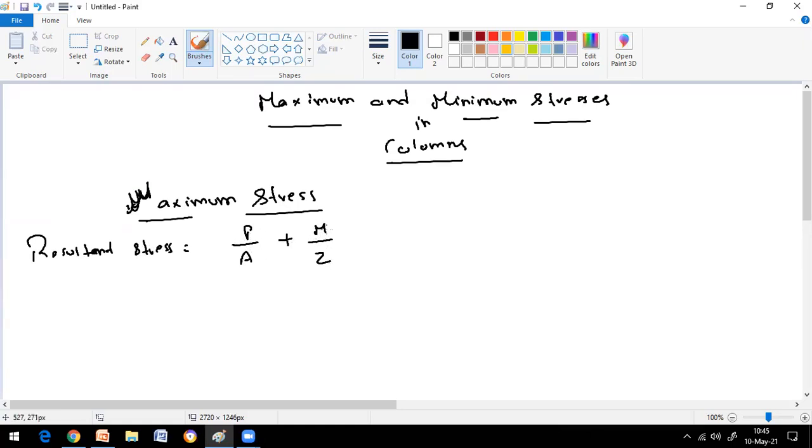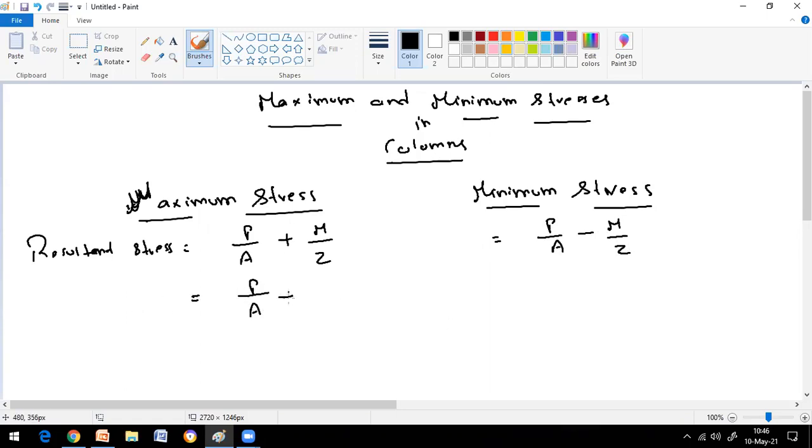So this is the direct stress and this is the bending stress. What is the minimum stress? Load by area minus bending stress.